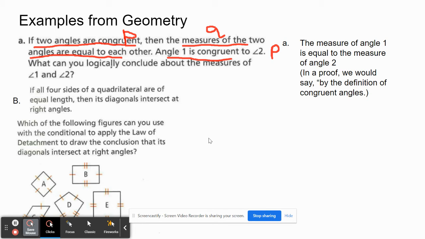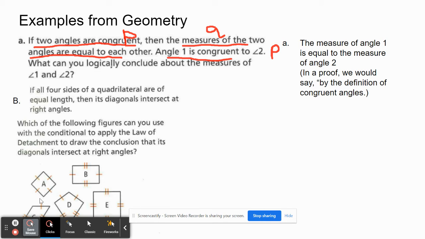Up next, if all four sides of a quadrilateral are of equal length, then its diagonals intersect at right angles. So which of the following figures can you use with the conditional to apply the law of detachment to draw the conclusion that its diagonals intersect at right angles? So we look at our if P, then Q, and we say, well, I'm looking for all four sides of a quadrilateral are of equal length.